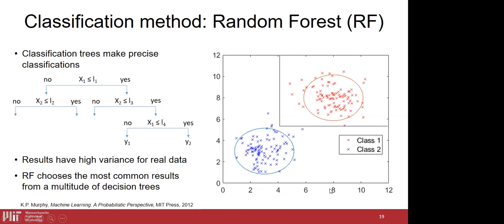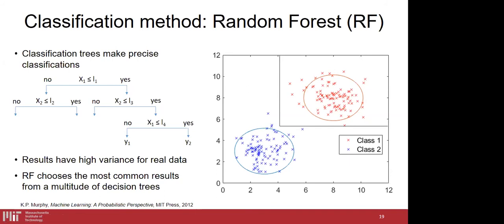Let's say my x1 is my horizontal axis and my x2 is my vertical axis. Then I ask, is my x1 greater than 4 or less than or equal to 4? If it is less than or equal, I already know all the values on the left-hand side of this separation line belong to class 2.